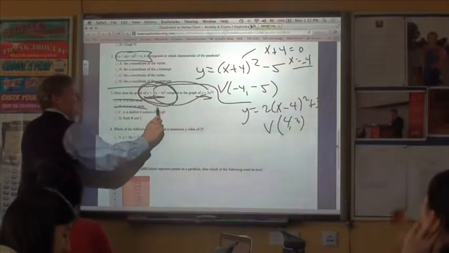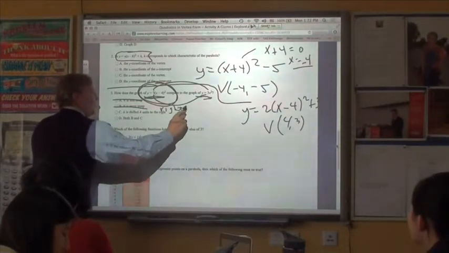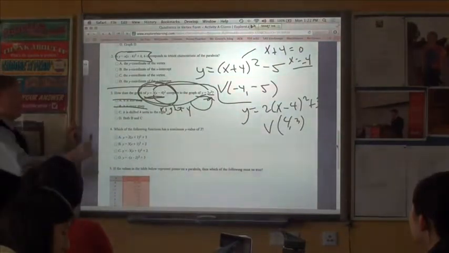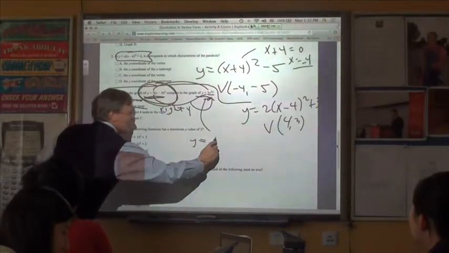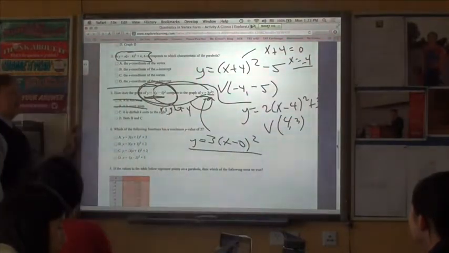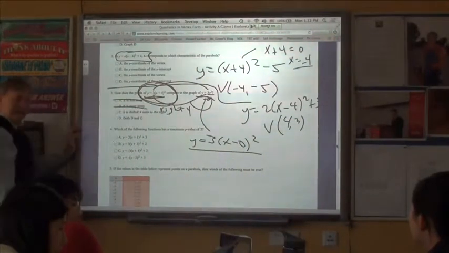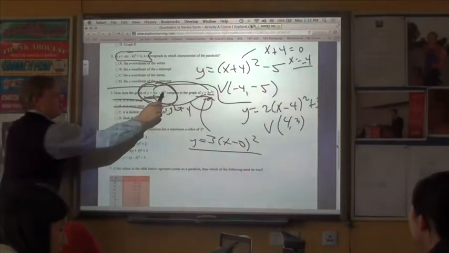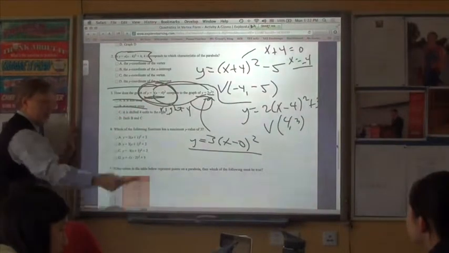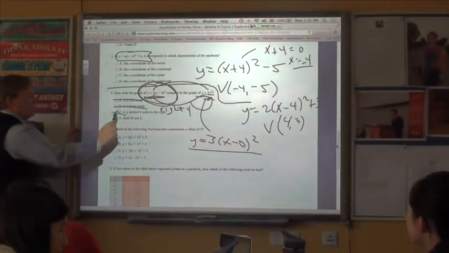Is this guy shifted to the right 4 from your buddy over here? In other words, look at it compared to this. Is that a right shift 4? Yeah, it is. Remember, set this equal to 0 and solve: x equals 4. Take the opposite sign, x equals 4. I think you would have knocked off C.